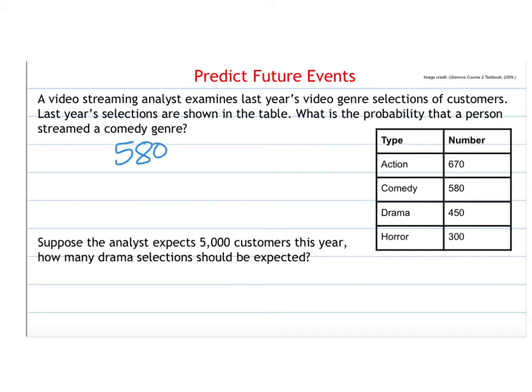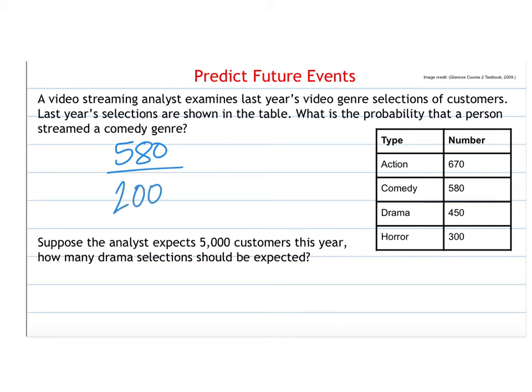580. And in order to figure out the total, we're going to need to add all of those together. So I am going to go ahead and use my calculator, which you can use on this unit. 670 plus 580 plus 450 plus 300, which is 2,000.